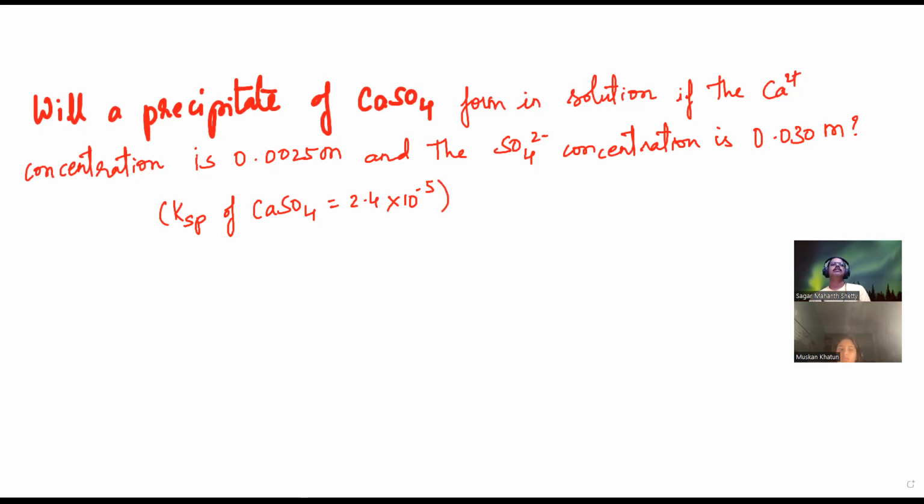Now, here it is asking us, will a precipitate of calcium sulfate form if the concentration of calcium is given as 0.0025 and the concentration of sulfate is 0.30 M? So how do you do it now? What is the compound given to us?